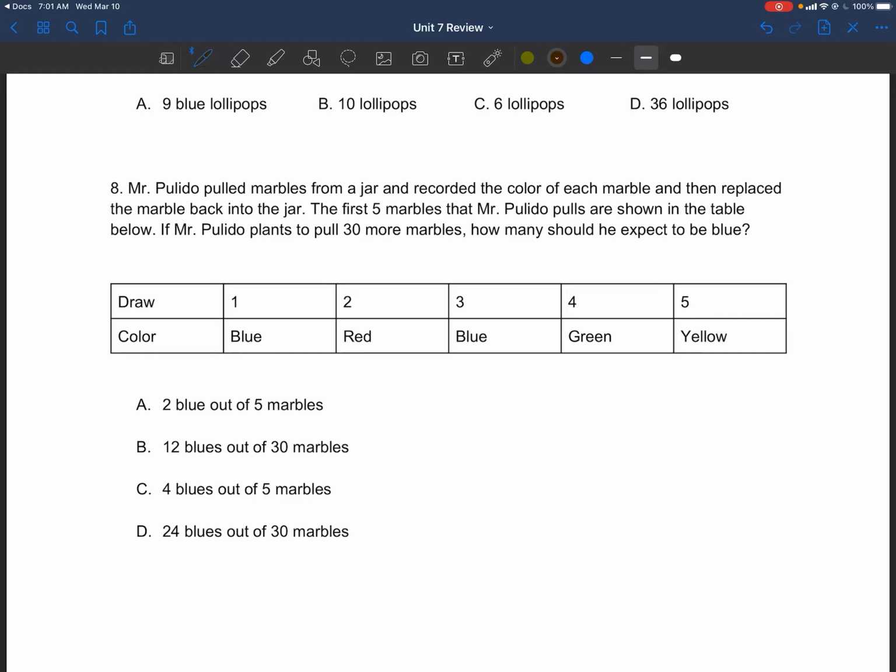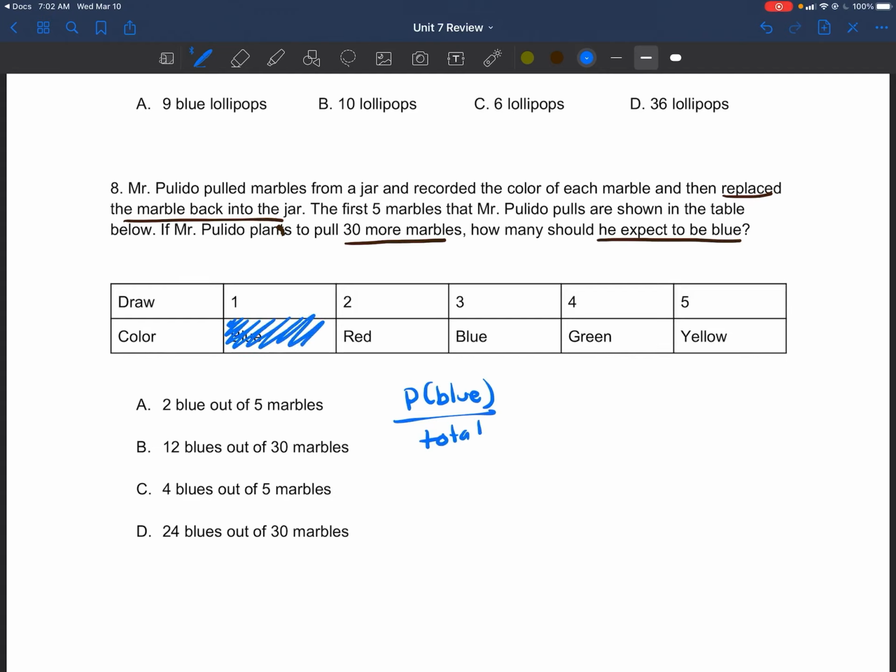Number 8. Mr. Pulido pulled marbles from a jar and recorded the color of each marble and then replaced the marble back into the jar. So he replaced it. The first 5 marbles that Mr. Pulido pulled are shown in the table below. If Mr. Pulido plans to pull 30 more marbles, how many should he expect to be blue? So we're looking for blue out of the total. Let's see how many blues we have so far.